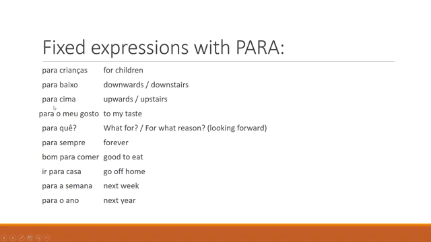Para baixo, para cima, like going down, going up, giving the idea of movement. Para meu gosto, to my taste, very nice. Para quê? It's similar to porquê, but here we're looking forward. For what reason? Why are you asking me to do this? Para sempre, forever. Bom para comer, good to eat. Ir para casa, go off home, like that's your final destination at the end of the day.